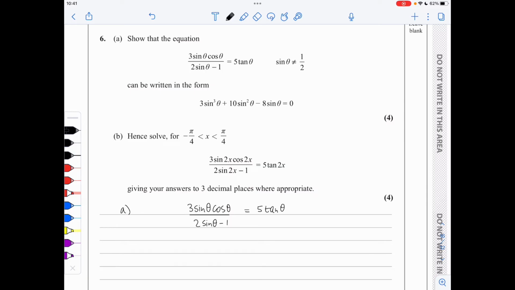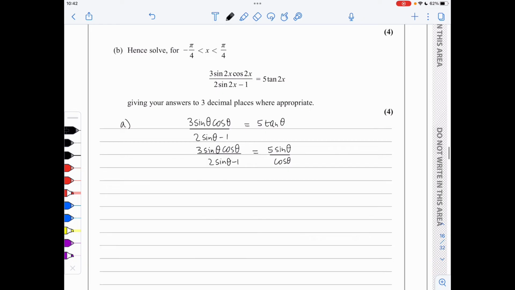I can write tan theta as sine theta over cos theta, so this way I will only be dealing with sines and cosines. So this is 5 sine theta over cos theta. And then I will cross multiply to get 3 sine theta cos squared theta is equal to 10 sine squared theta minus 5 sine theta.